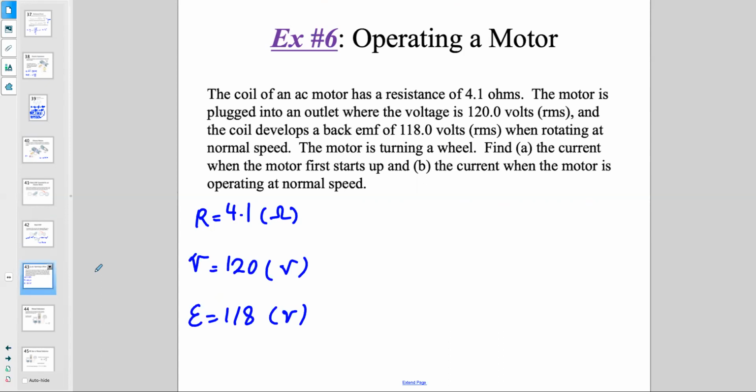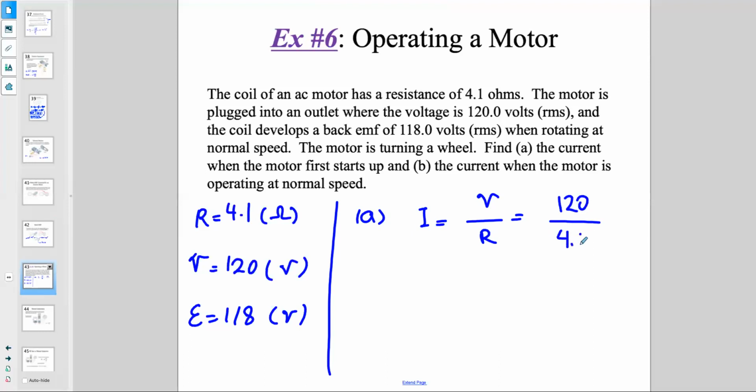So, part A, find the current when the motor first starts up. When the motor first starts up, it does not have any back EMF. So for A, I is V over R, and there is no EMF at the beginning, which is 120 over 4.1, which will give us 29.3.